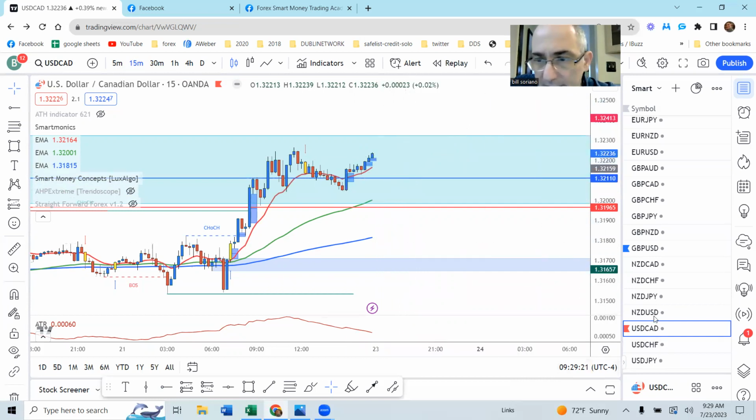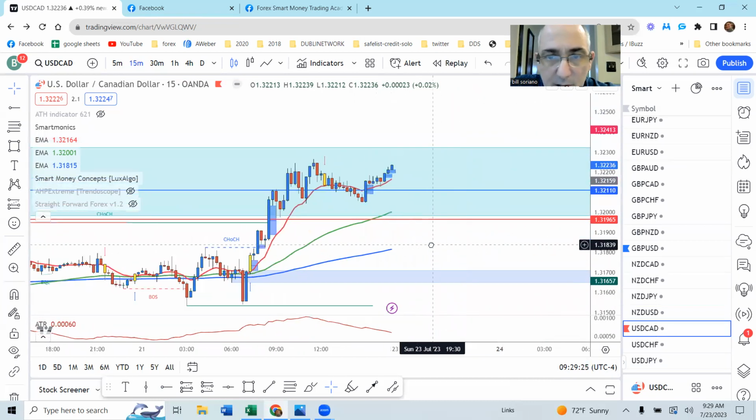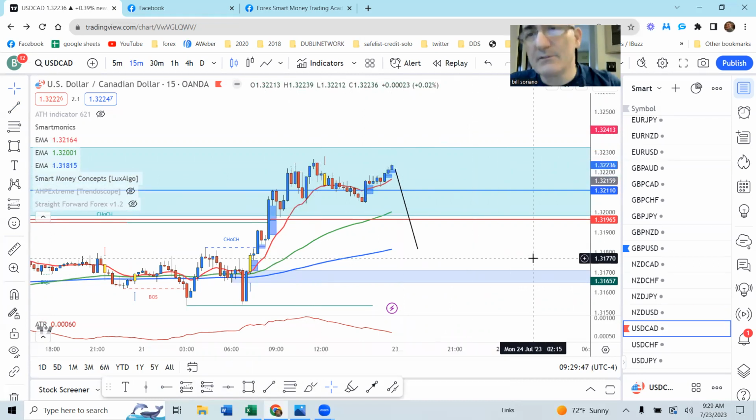So this one, we have a red flag on it telling us to check for a change of character. Essentially, what we're looking for is we want price to break structure to the downside, give us that change of character, and then we would be able to identify an order block up here, which would actually be right up in here. There's not much imbalance though up here, so it's not going to look like a very good trade.